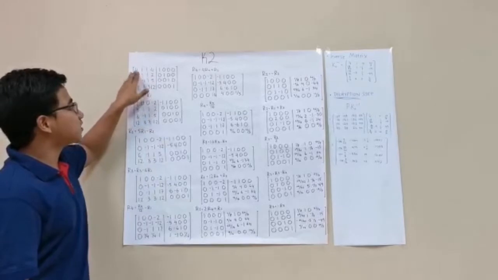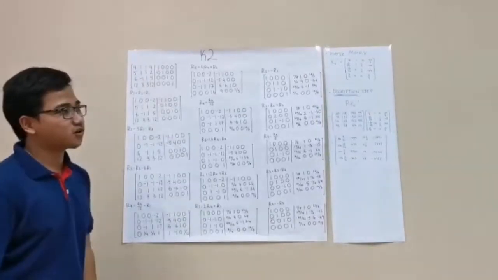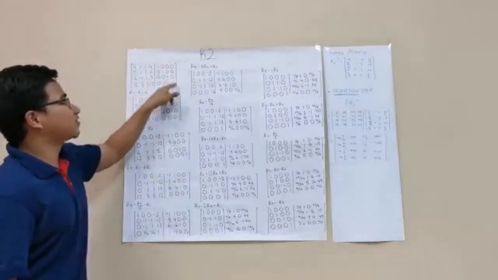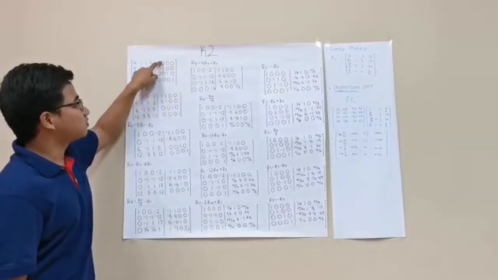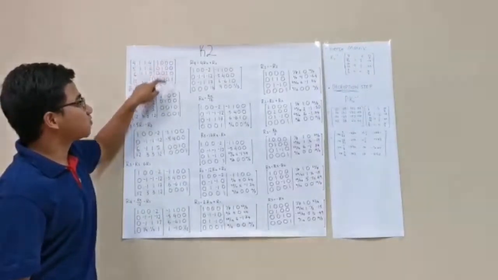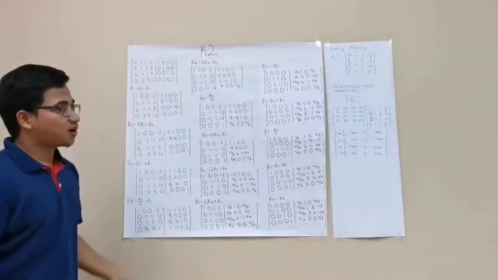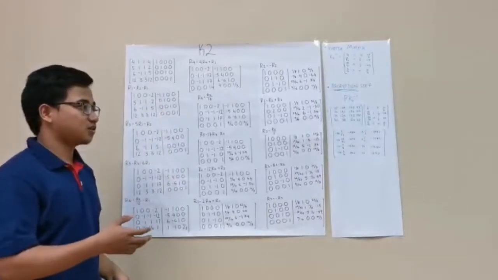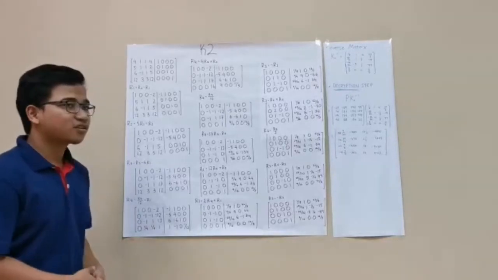If we subtract the left side, we also have to subtract the right side because it's the same row, right? So 0 minus 1 is equal to negative 1, 1 minus 0 is 1, and 0 minus 0 is 0. So basically, this operation will continue, and you also can subtract, multiply and divide.